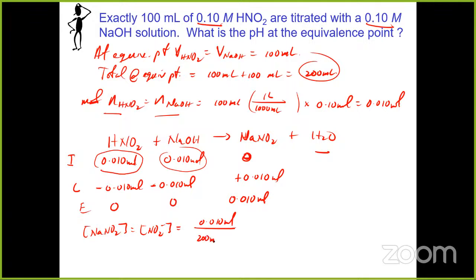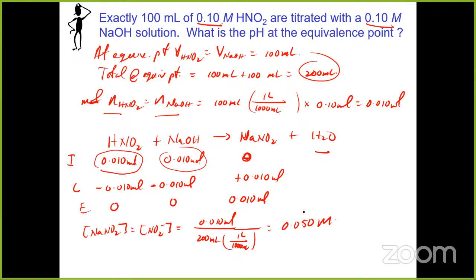I'm going to put that down here, which again, we have to convert to liters, 1 liter over 1,000 mL. All right? And then we work that out. So that would be 0.010 divided by 200 over 1,000. So according to my calculations, this works out to be equal to 0.050 M. All right? So that's the molarity of the nitrite.